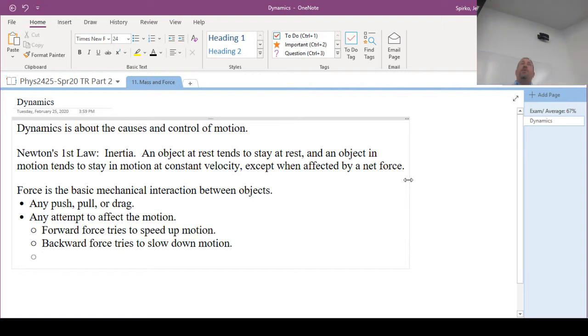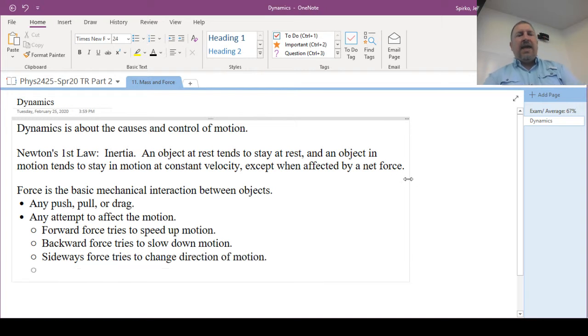And if you exert a backward force, that is like retro rockets, then that is trying to slow down the motion. And the third possible direction is sideways, and that is a force that tries to redirect the motion of an object.